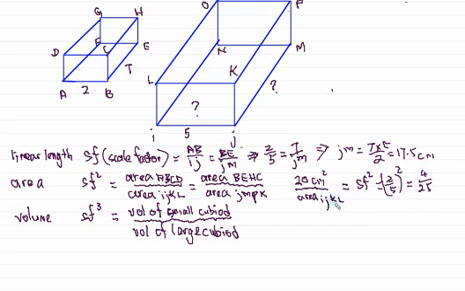So cross multiply: the area of IJKL is equal to 20 times 25 over 4, 5 here, which gives you the answer of 125 cm square.